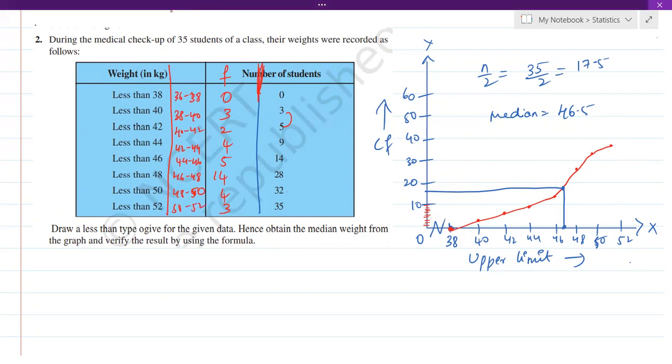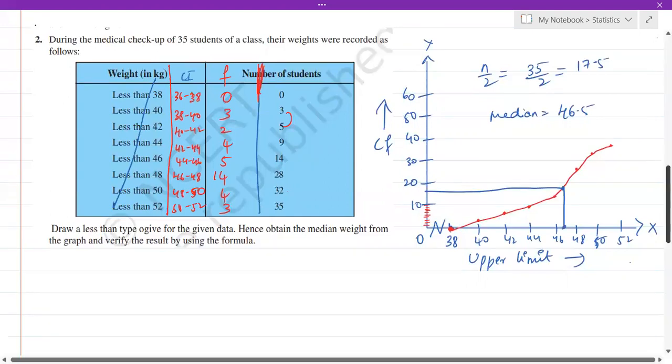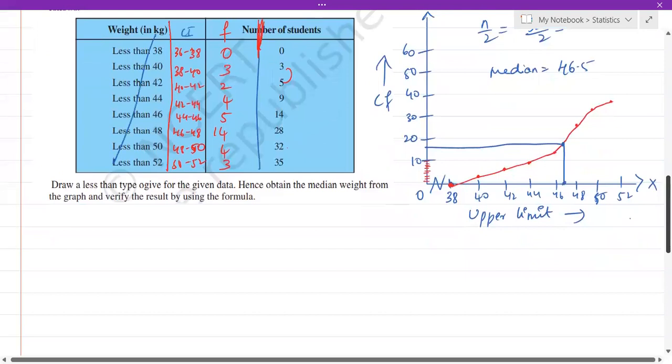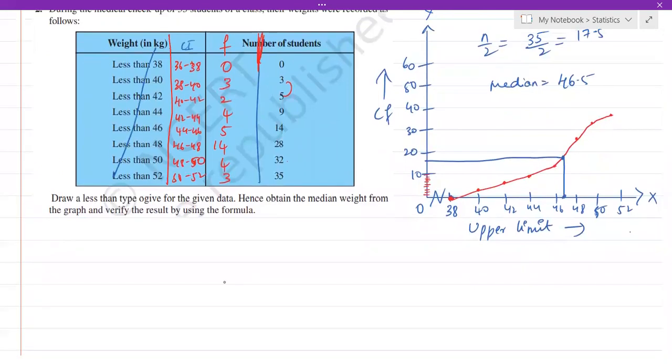I'm just trying to save time. We had to reconstruct the table. So instead of this less than, we had to construct CI, then frequency. If you have not understood this, please watch the previous video where, in finding a median, we have done such a type of problem.